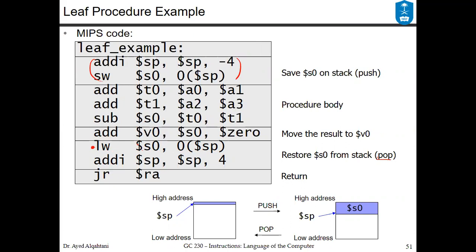After we load, now we have the value of S0, we pop by incrementing the stack pointer. So when we pop, we go to the original, empty stack. Once we're done with this, the last instruction is the jump return, and you give it the register RA that you already saved when you used the instruction jump and link.